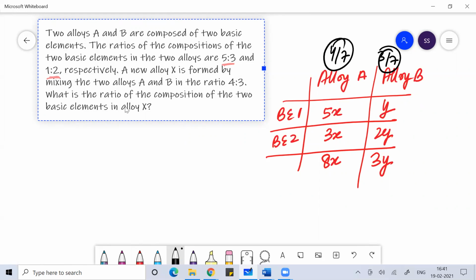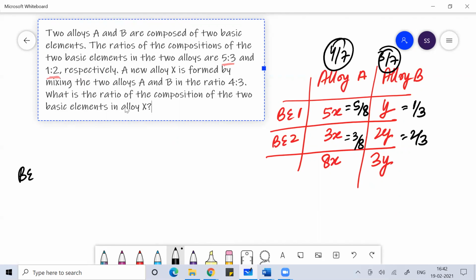So if you understand, basic element 1 in alloy A is actually 5 by 8 part, and basic element 2 in alloy A is basically 3 by 8 part. Basic element 1 in alloy B is 1 by 3 part, and basic element 2 in alloy B is 2 by 3 part. And I took 4 by 7 part of alloy A and 3 by 7 part of alloy B. So what is the ratio of composition of two basic elements in alloy X?